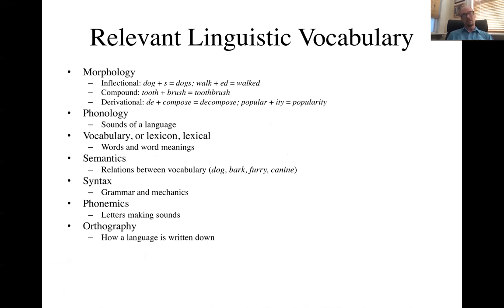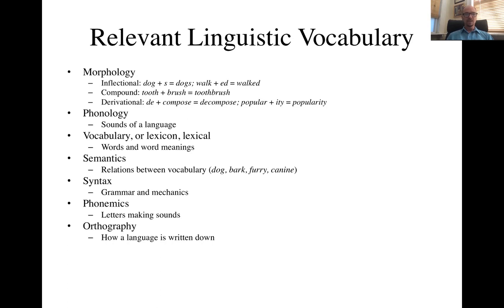Morphology literally means the study of shape, but when applied linguistically, it's talking about words and how words are formed. So in the literature, morphology tends to take three different forms that are ordered in increasing complexity, at least in terms of language development.